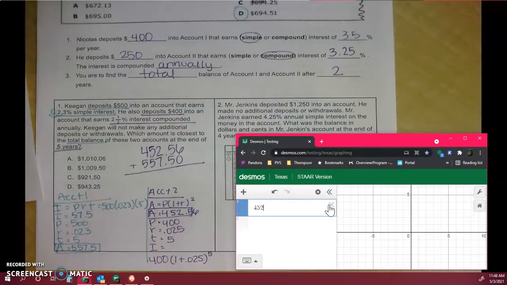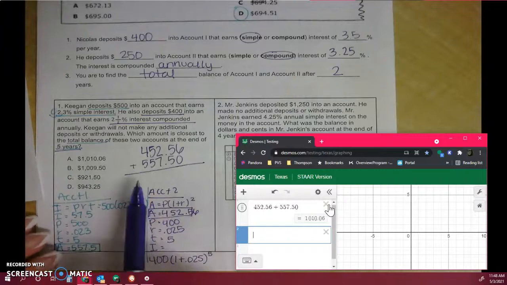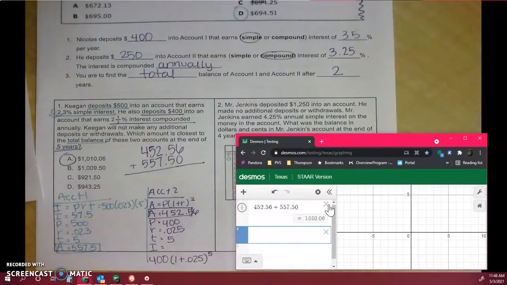So 452.56 plus 557.50 is 1,010.06. So A.